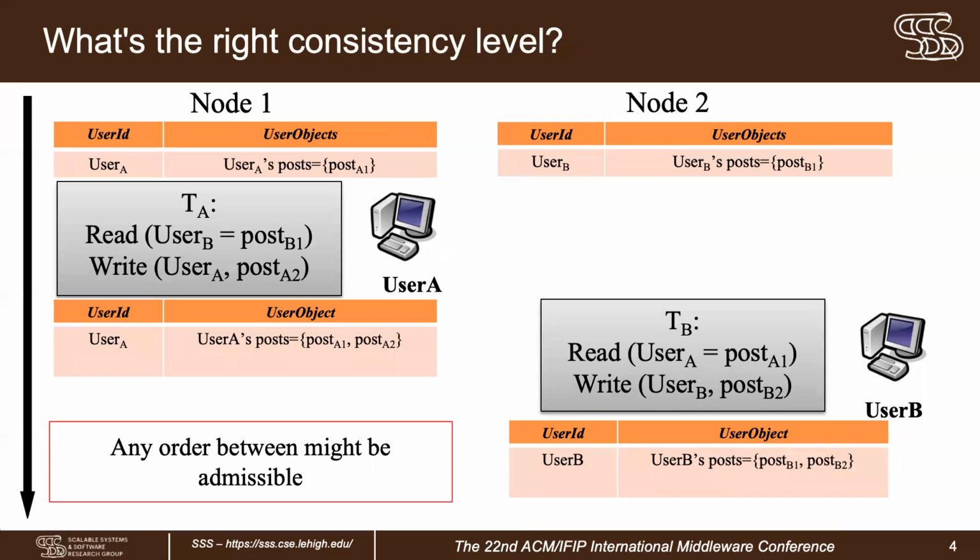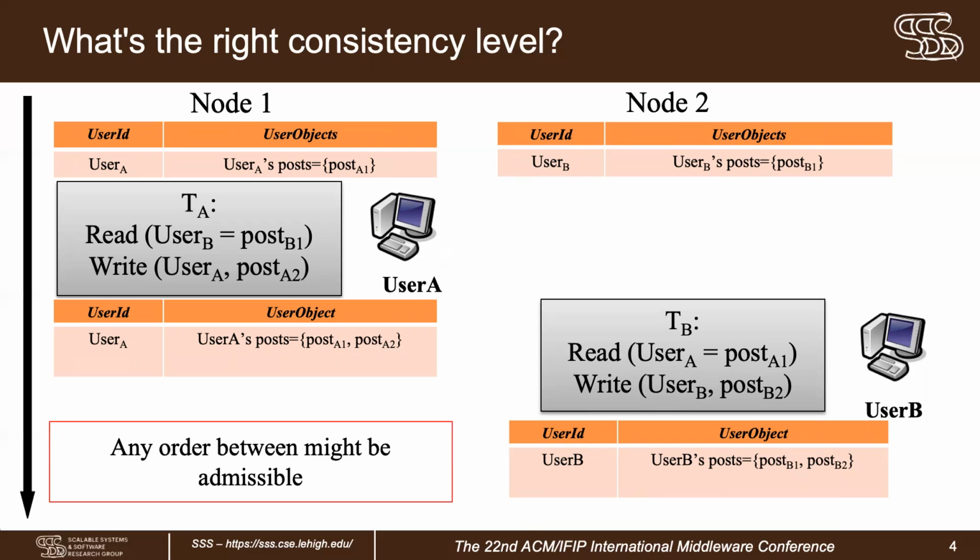Now, in this slide, let's see an example with a social media application. Again, we have two nodes, node 1 and node 2, and two users, and each user can post on his or her own wall. User A starts a transaction.